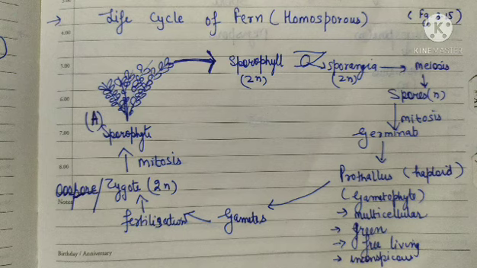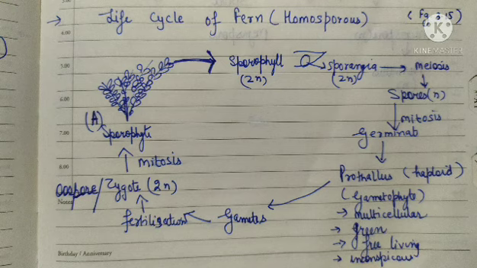These spores will undergo mitosis and they will germinate and form the gametophyte. The gametophyte here in pteridophyte is referred to as prothallus. Spores were haploid. Similarly, the prothallus is also a haploid structure, a haploid gametophyte.